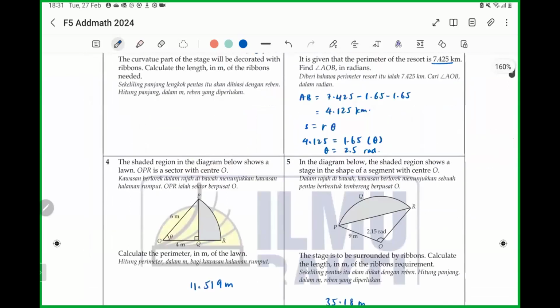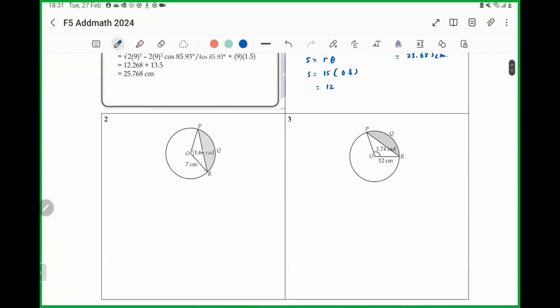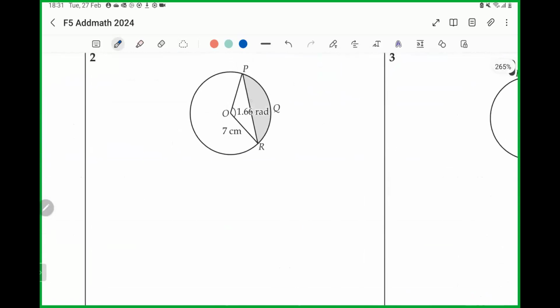For length of chord that we learned last week, I take this one as an example. If I want to find the perimeter of this shape, I will need to find the length of PQR plus this straight line. So you have two lengths to find.